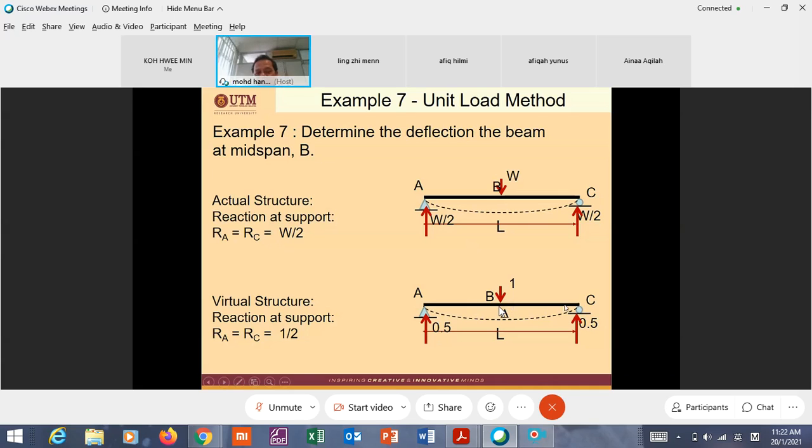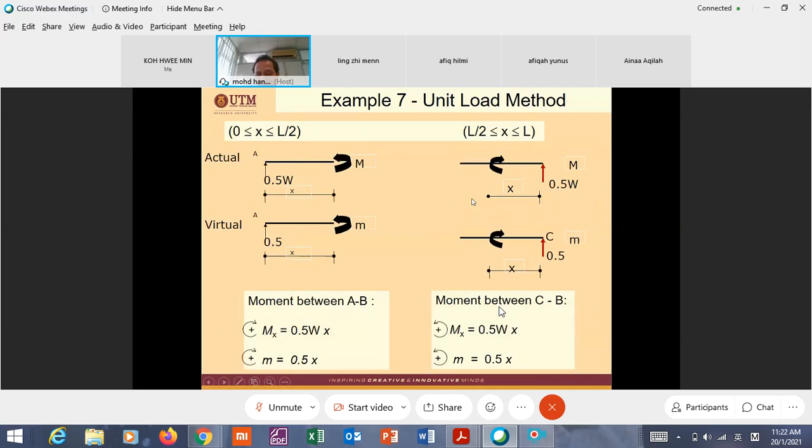We know the equation of the bending moment due to unit load and due to actual load. Do we know the equation of bending moment? Yes, it's very simple. This is the equation.